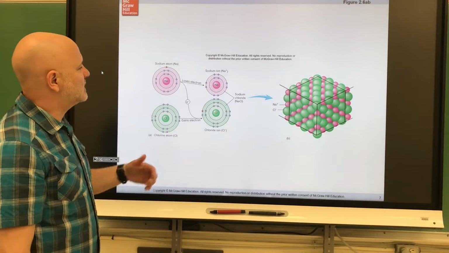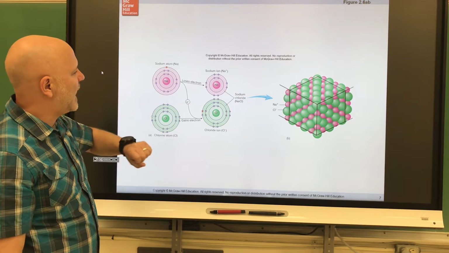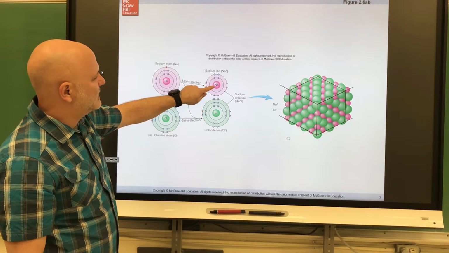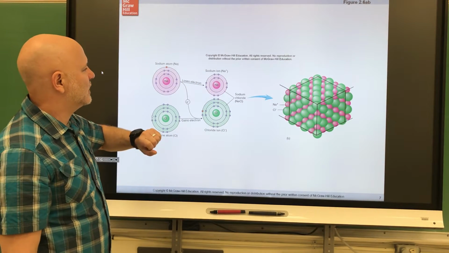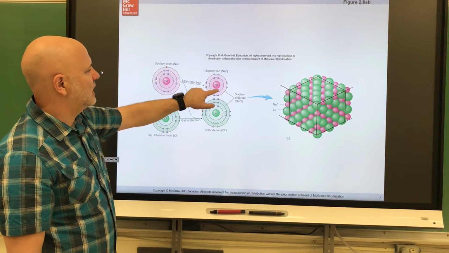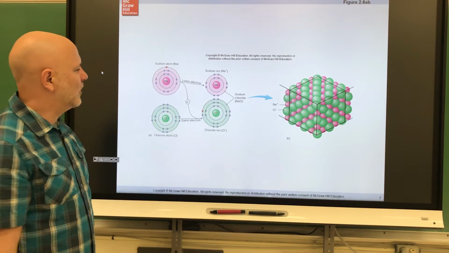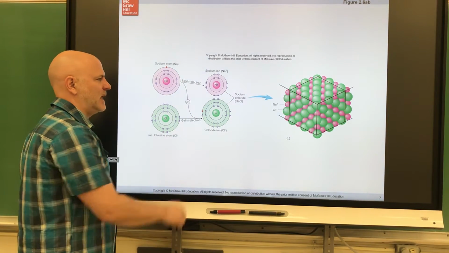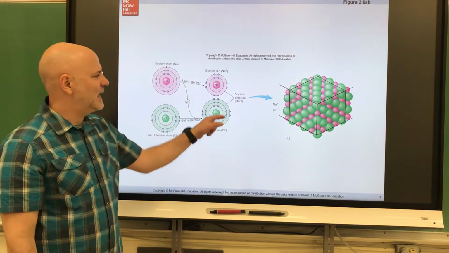By that 1 electron being transferred from one atom to another, now sodium has 11 protons, only 10 electrons. More protons than electrons, so it's positively charged. Chlorine here has more electrons now than it has protons, 18 electrons, 17 protons, so it becomes negatively charged.